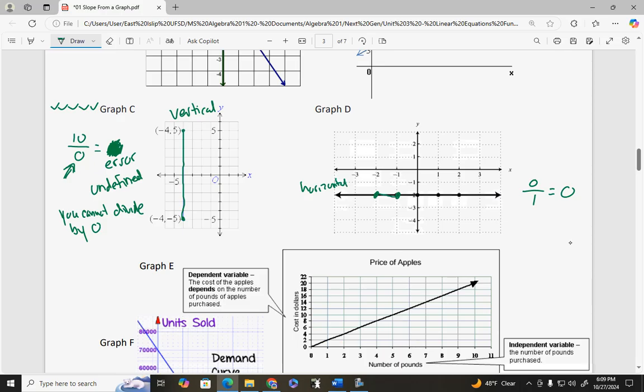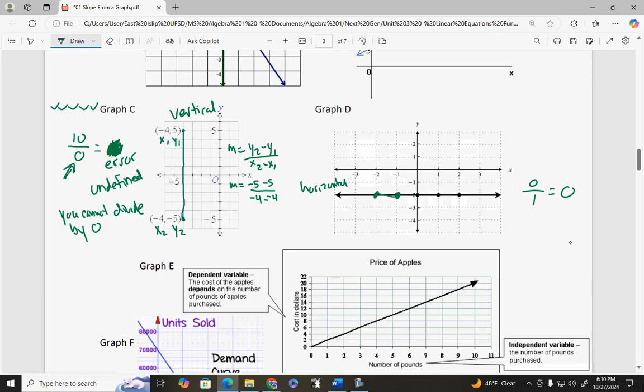I could use the slope formula for both of these too. If on graph C, I use the slope formula, if I call this x1 and y1, and this x2 and y2, when I do the slope formula of y2 minus y1 over x2 minus x1, I would say -5 minus 5 over -4 minus -4.